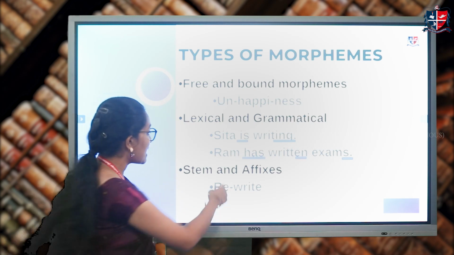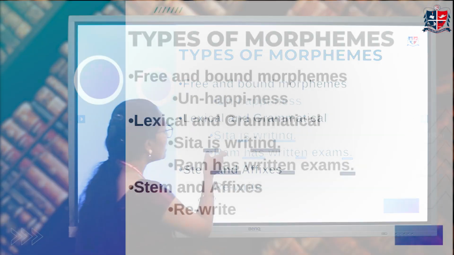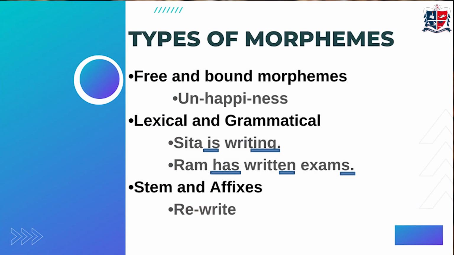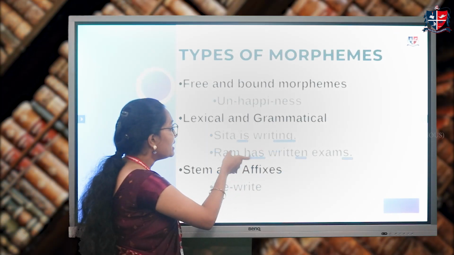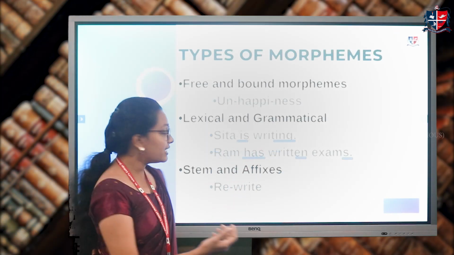So let's take the example. Sita is writing. Here the words Sita and write are examples of lexical because they have meaning when they are standing alone. But see the words is and ing. They are grammatical morphemes because they appear in this sentence just to give a grammatical meaning. Let's take another example.